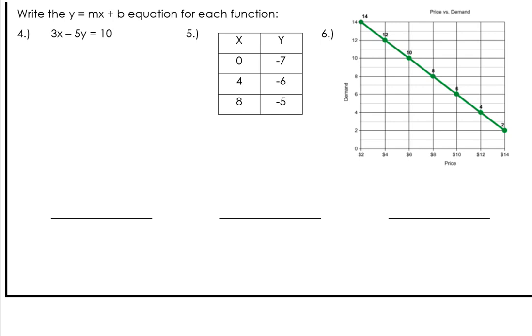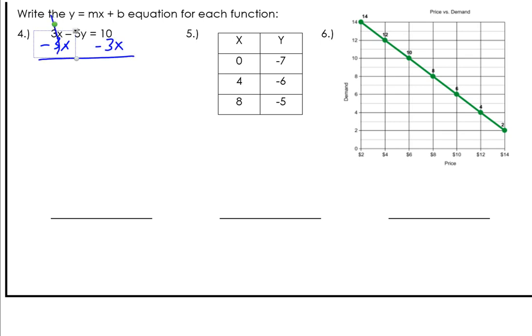Write the y equals mx plus b equation for each function. This is an mx minus y plus b equation. So I have all of the pieces, they're just not in the right order. If I want the x to be on the other side of the equal sign, I need to use my property of equality to move that term from the left to right by switching its sign.